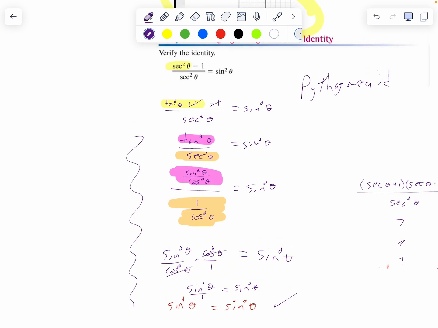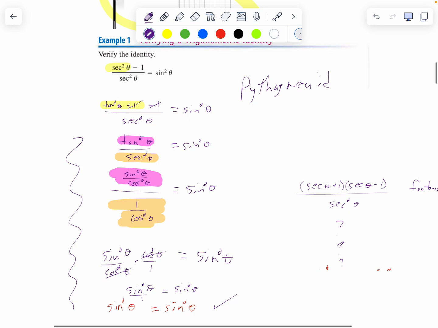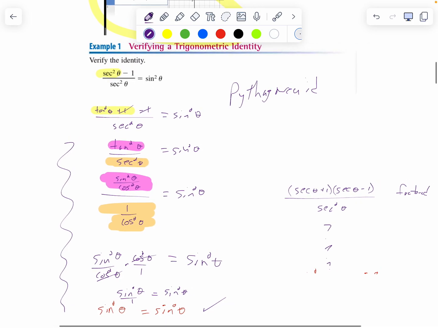I have shown the entire process, step by step, how to manipulate secant squared theta minus 1 over secant squared theta and show you how it simplifies down to sine squared theta. This is our first complete example of verifying a trig identity. We are now done with example 1 because we have proven that secant squared theta minus 1 over secant squared theta is equal to sine squared theta.